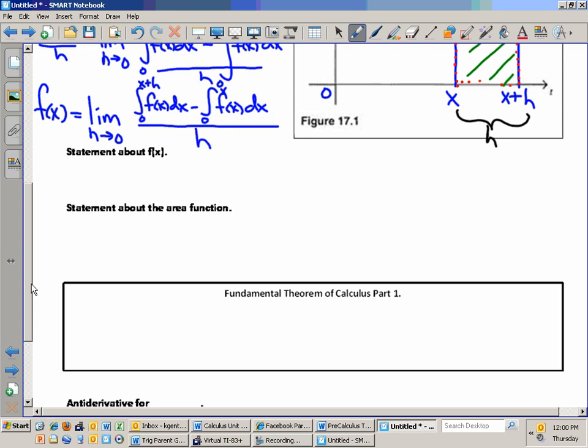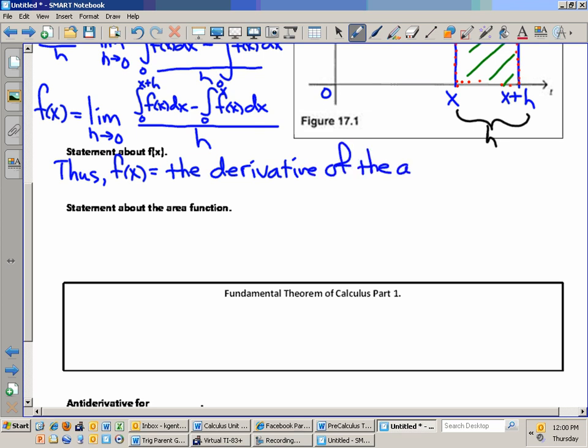A statement about f of x. Thus, f of x is equal to the derivative of the area function, or the integral.